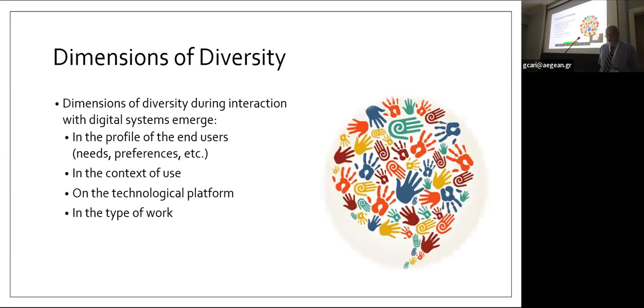In our modern world, our computer is no longer a stationary computer, as in the past, when used in our office or at work. Today, new dimensions of diversity emerge during our everyday interaction. So this concerns the profile of the end users, in other words, needs and preferences, the context of use.